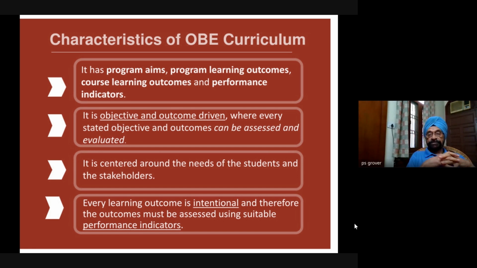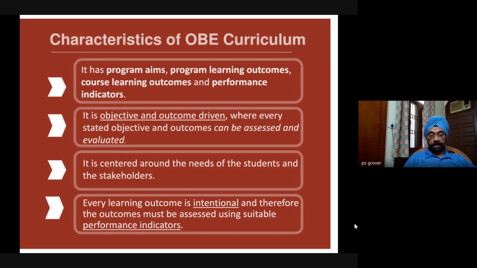What it means is, we decide beforehand, as I'll demonstrate later on also, the programs. Certificate is a program, diploma is a program, PhD is a program. So the curriculum designed in the outcome-based system asks: what are the program learning outcomes? What are its objectives? It is outcome driven, where every stated objective and outcome can be assessed and evaluated.